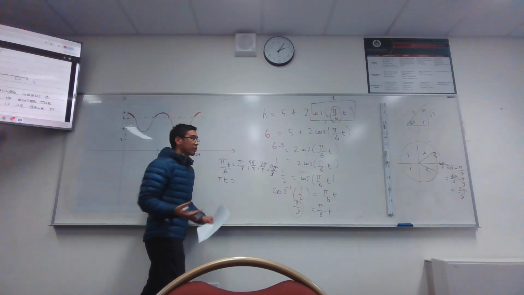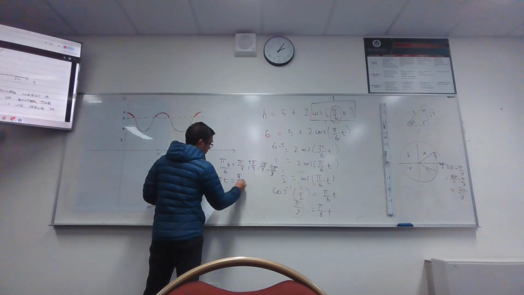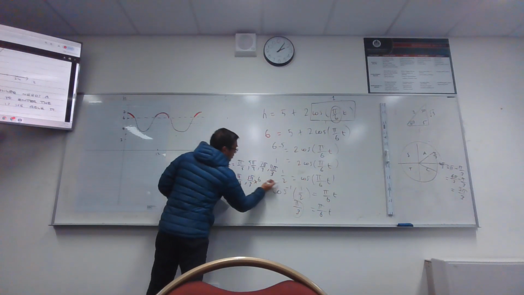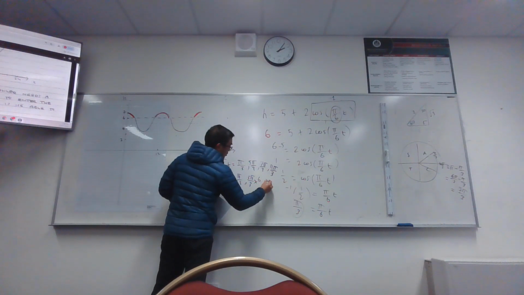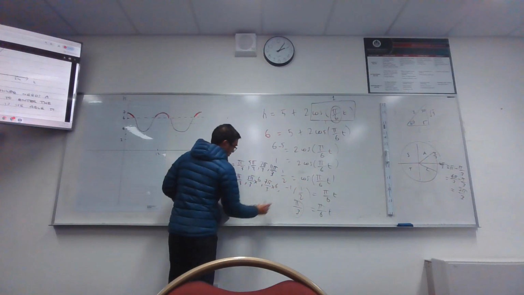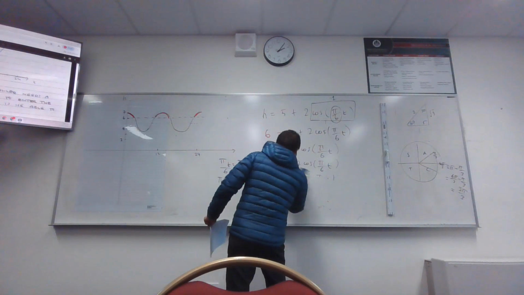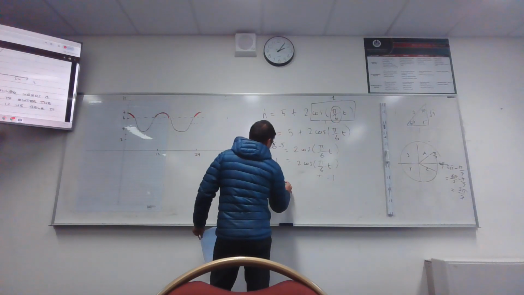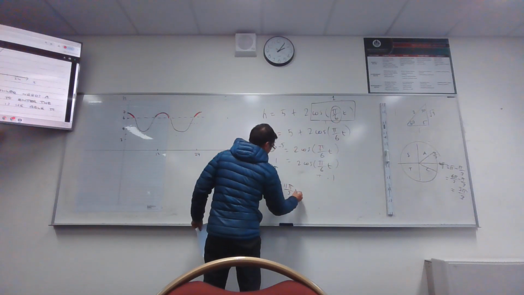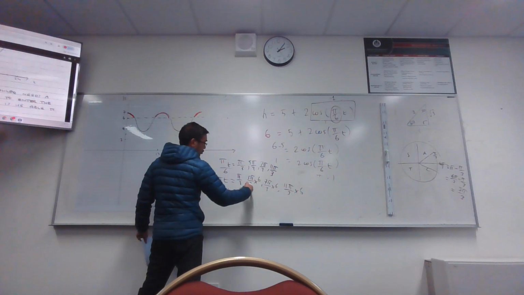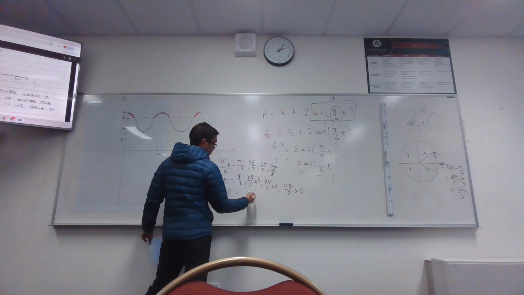But if you want to do it with full working out, it looks like this. And so on. As was mentioned, these are all 2's because 6 divided by 3 is a 2.